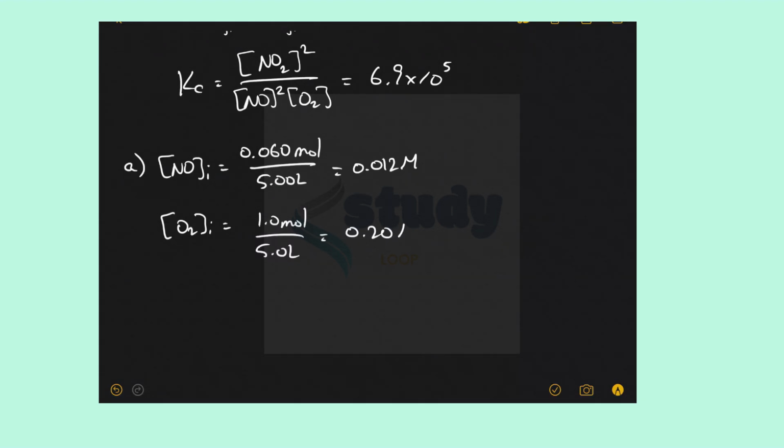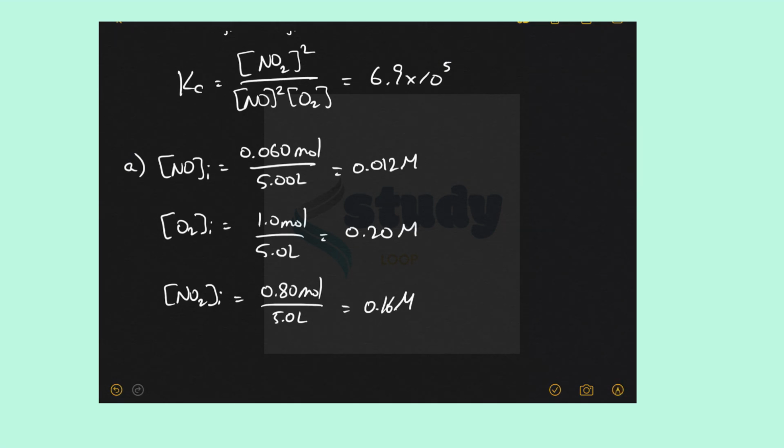This is 0.20 molar. And it also contains 0.80 moles. Sorry, this is NO2 initial, 0.80 moles over 5 liters. And this would give us 0.16 molar.